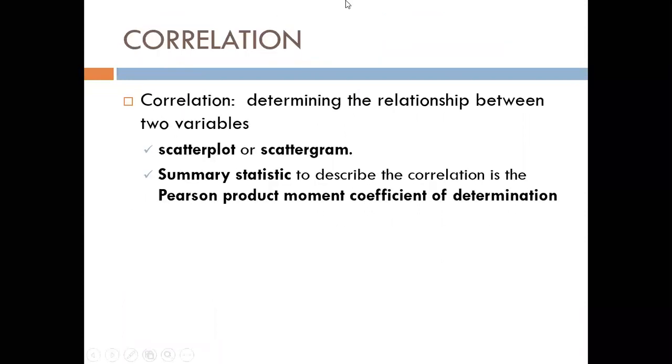Now moving on. Correlation can be examined using plots, or specifically scatter plots. We can also examine the correlation using summary statistics, which can help to describe the correlation among two variables, specifically to quantify, to give us a measure of the amount of the relationship.